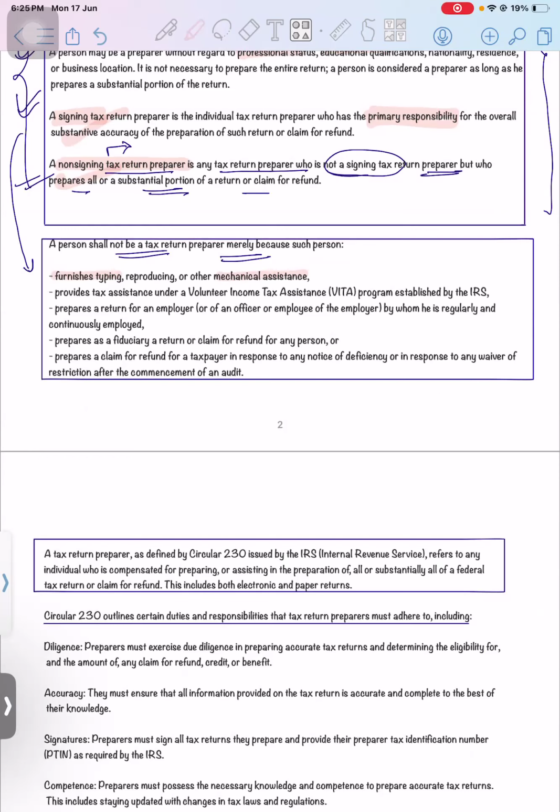What that admin staff used to do, he was aware of entering the basic details into the return. So looking at that return organizer, he was just typing all the basic information into the tax software and creating the client in the software.